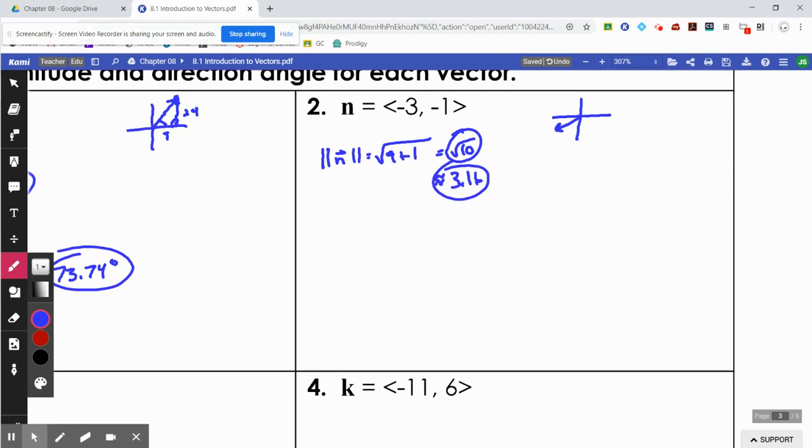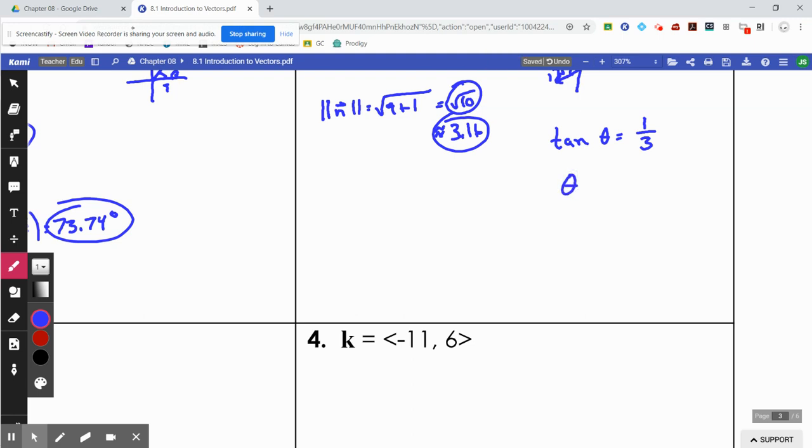And then finally, direction. Let's find our reference angle first. Draw yourself a little right triangle: this is 3, this is 1. The tangent of my reference angle is opposite over adjacent, so theta is the inverse tangent of 1/3, which is about 18.43 degrees.